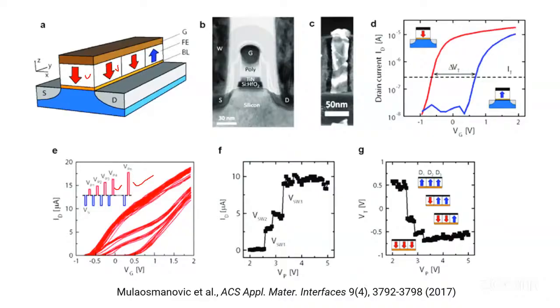When this polarization changes, the conductance of the channel will also change, and this is what we want. These states can be programmed in multiple ways by applying potentials, so you can have multiple states, and that's why they can be used in synapse applications in neuromorphic computing.